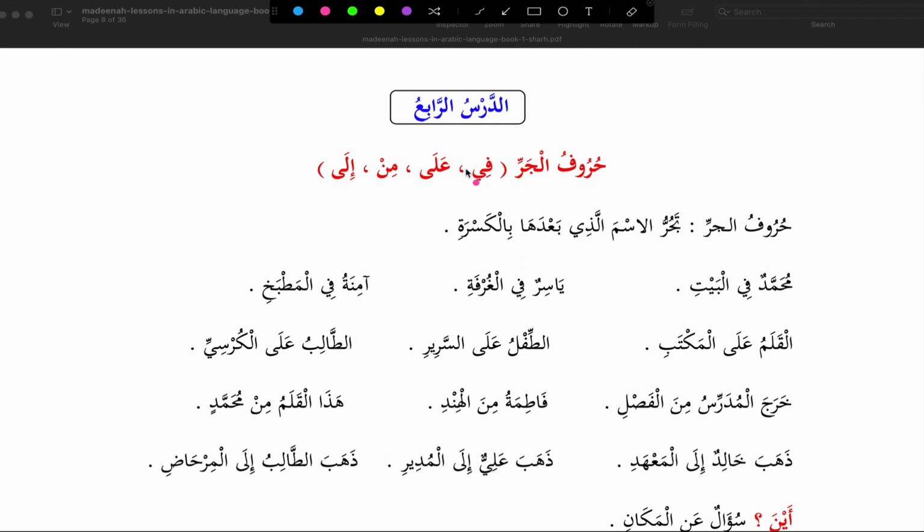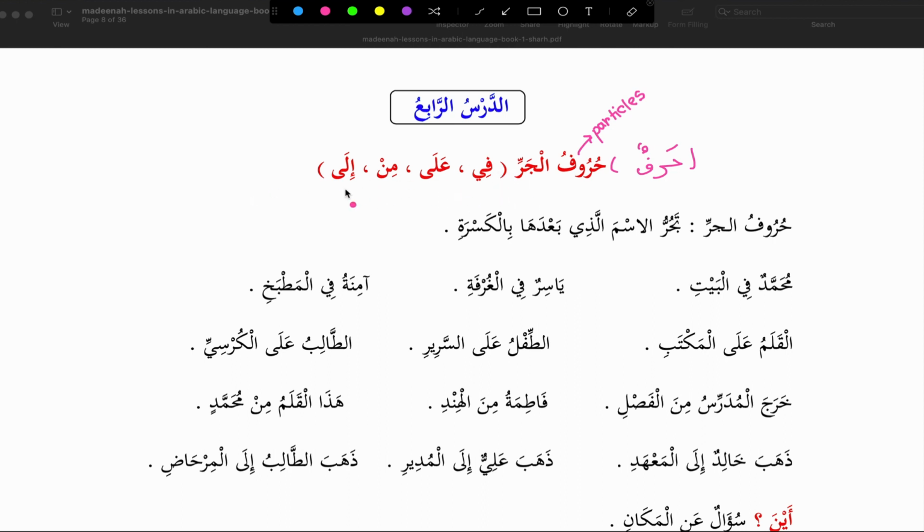So ad-darsu rabi', the fourth lesson, it says huruful jarri. Huruf means particles, and huruf is the plural of the word harf. Harfun, hurufun. Huruful jarri means the particles of jar, and they are over here.